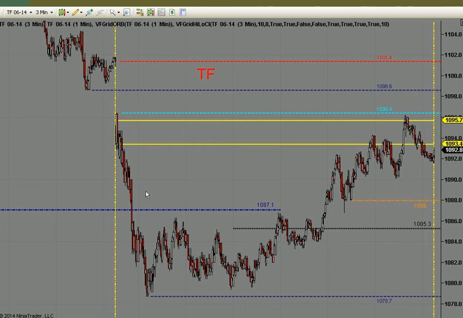These are 3-minute bars, and this contract is the mini Russell, both of which are my preference. Not all the lines here come from day session only, and a couple of them are in fact ported from all session, this one and this one, and we'll talk about those in a second. The opening range is the bracket of these 2 yellow lines.